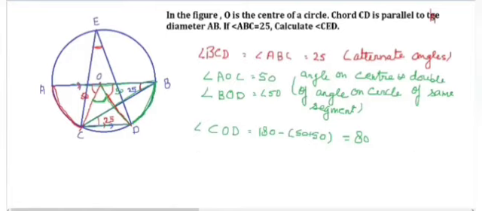Now if COD is 80, then this will be 40, 80 by 2. So angle CED will be angle COD upon 2, that is 80 by 2, that is 40. Same reason we will have here.